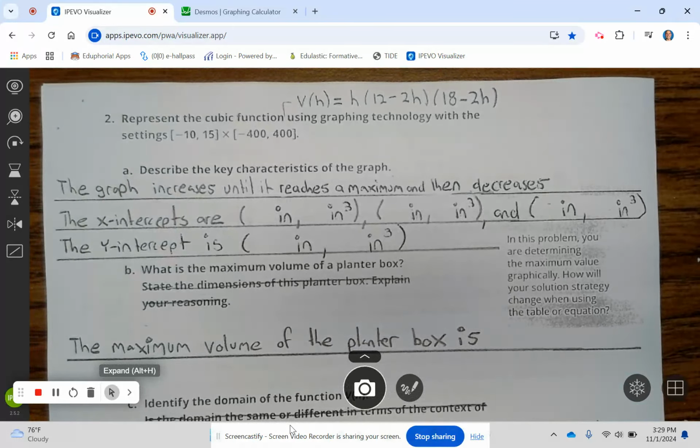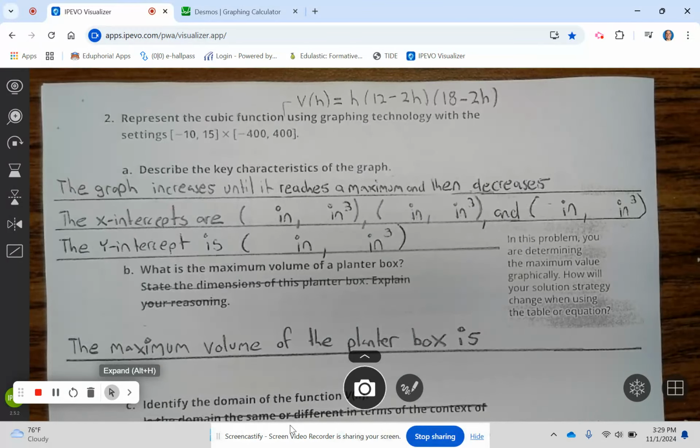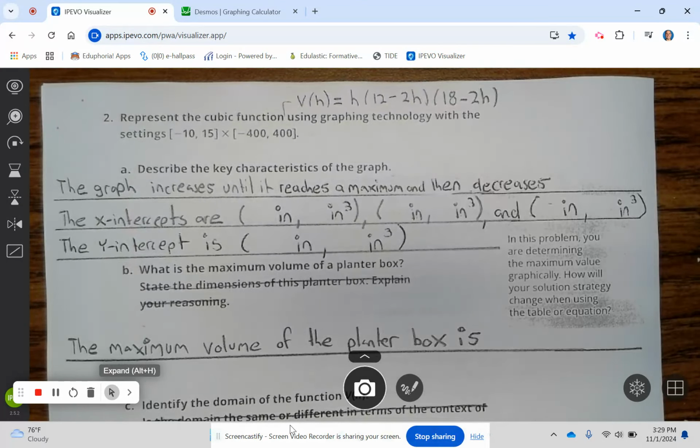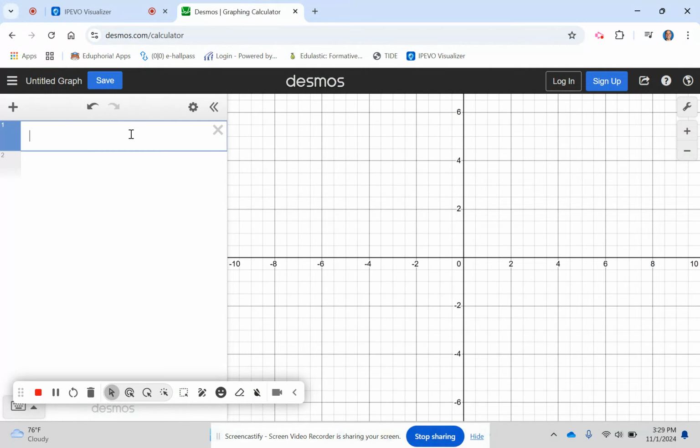2. Represent the cubic function V(h) = h(12 - 2h)(18 - 2h) using graphing technology with the settings -10 to 15 and -400 to 400. So let's go ahead and do that now. Okay, let's graph V(x) equals; we have to use x instead of h.